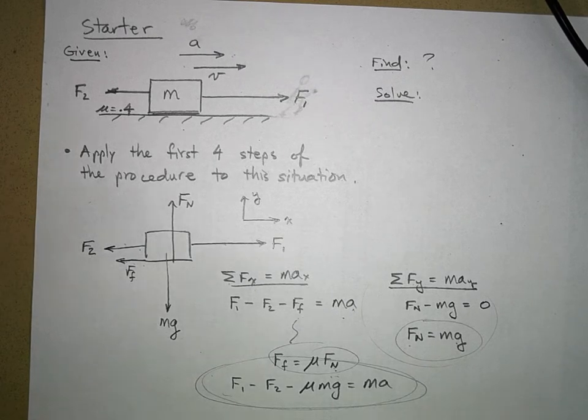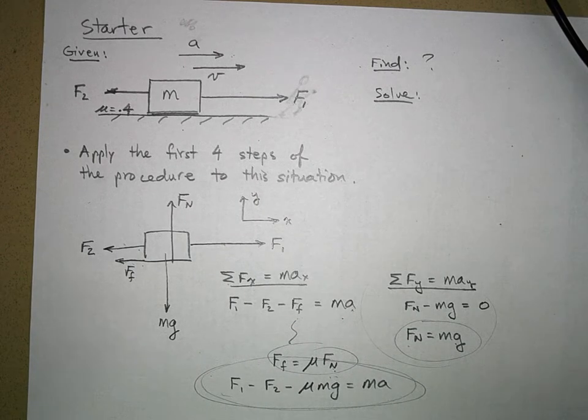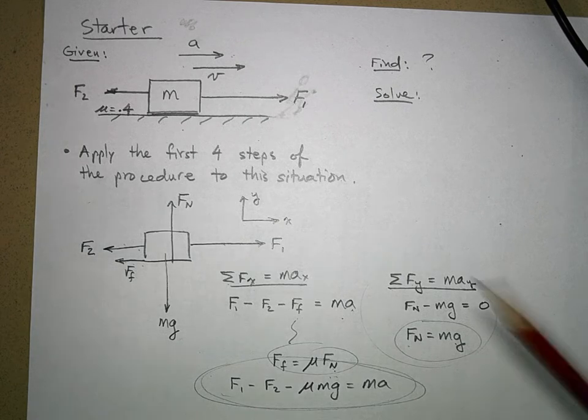Now what could I ask you to find? Well, I could ask you to solve for the acceleration. Of course, I'd have to give you the mass, F1 and F2. Or I could give you the acceleration and ask you to find F2.